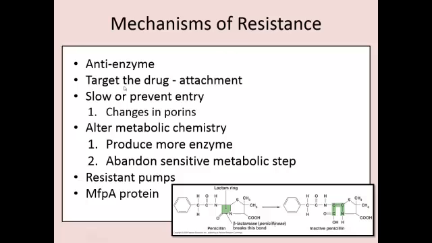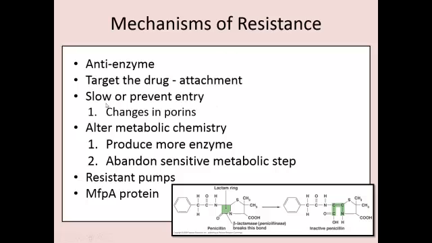Another thing that the microbe can do is target the drug. What it does is it changes attachment sites for the drugs. So you can change the ability of the drug to attach to the enzyme that the antimicrobial is attacking. So if you change the enzyme, then the drug can't work as effectively on it.